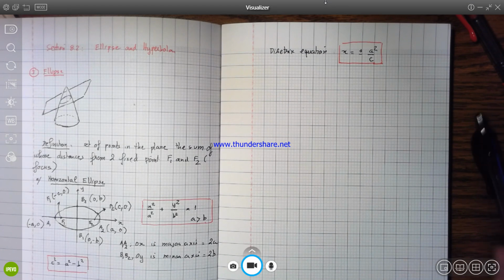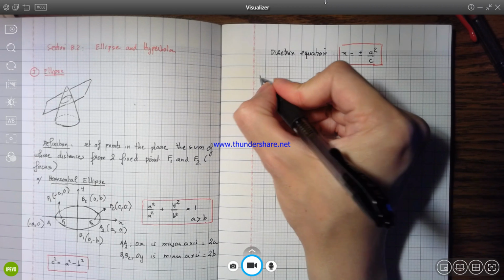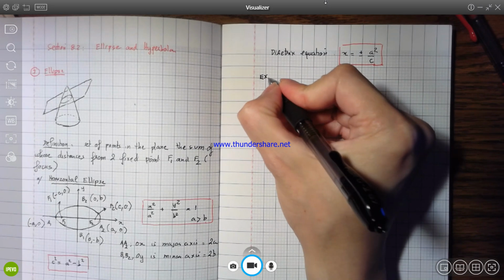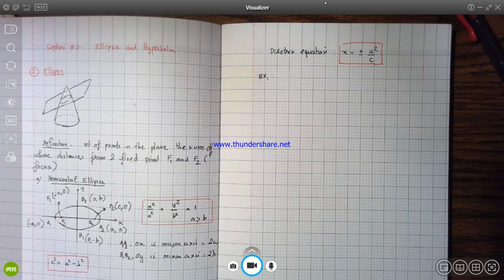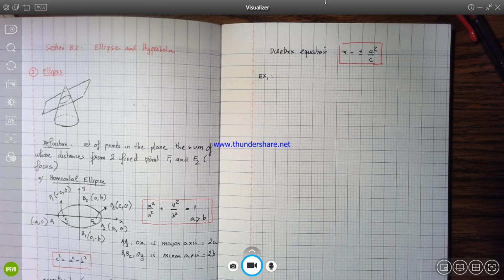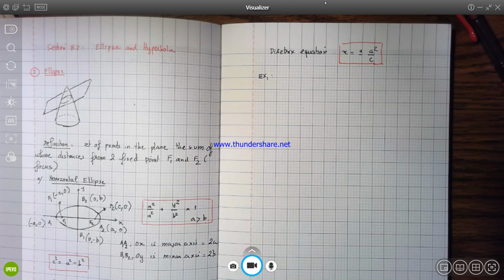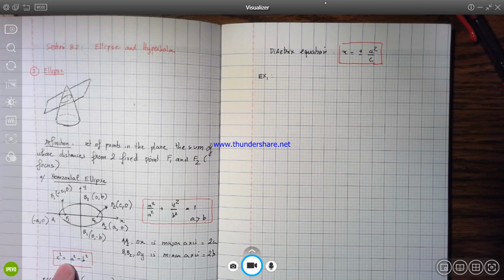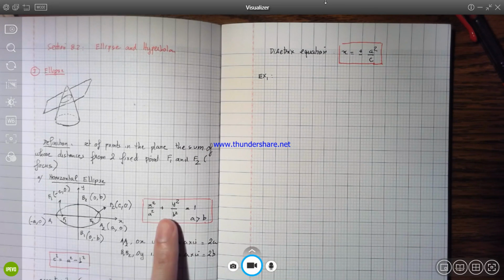Let's go to the example. Example number 1. I just want to see if we may have missed anything before we start our first example. So I already mentioned eccentricity, directrix, the relationship between A, B, C, the equation.